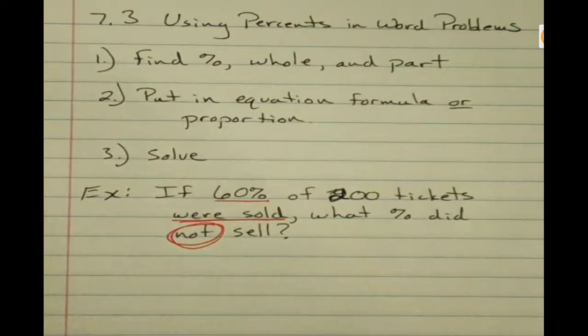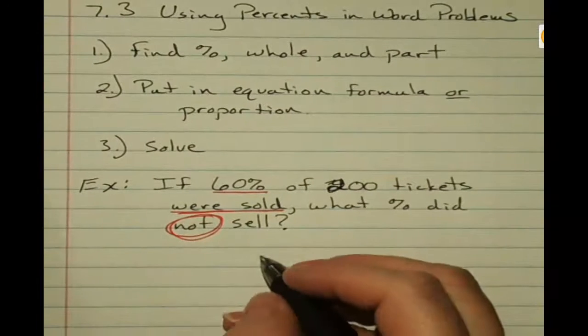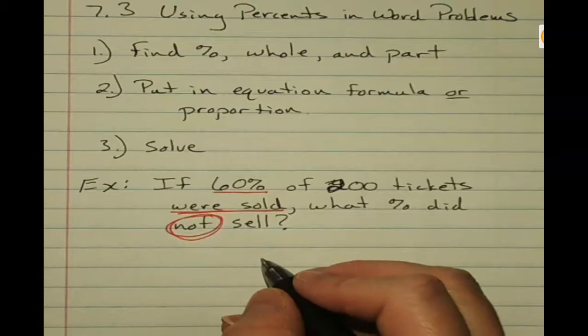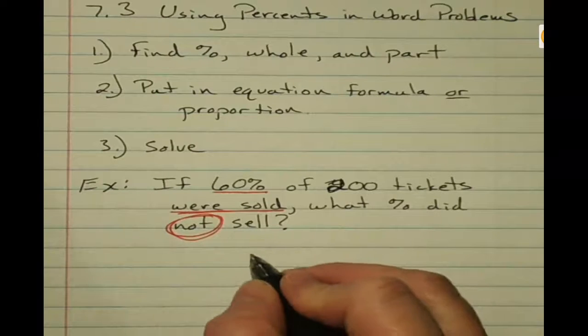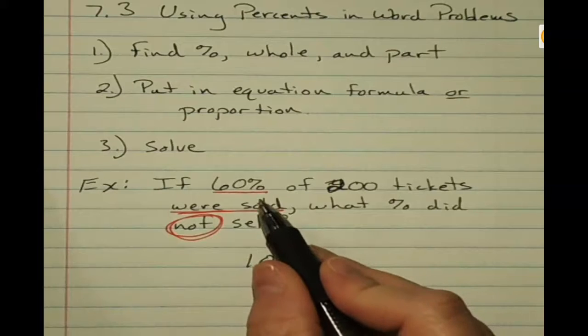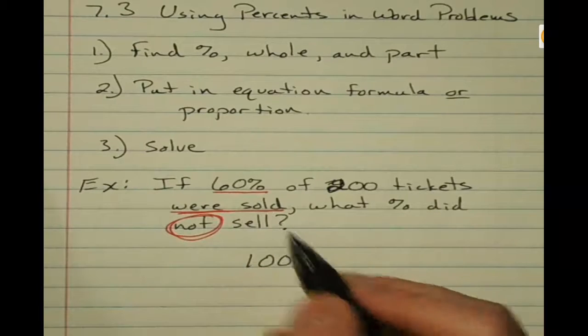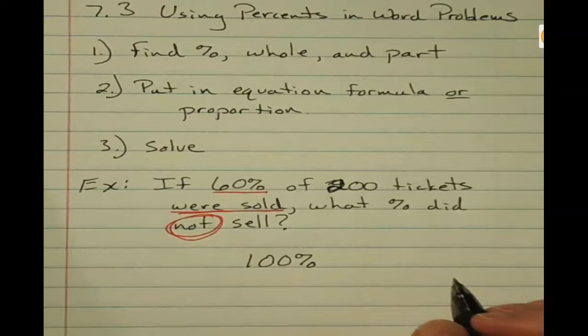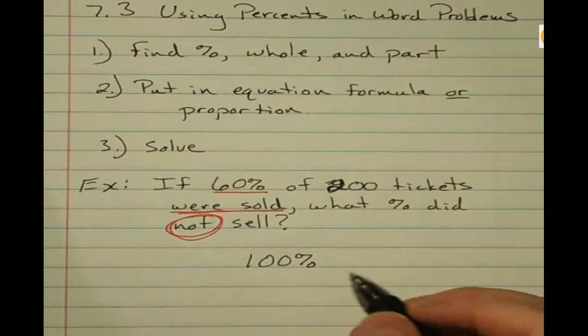You're overthinking this one. What's the total percent? What number do we always use? 100%. So if there's 100% and 60% sold, how many did not sell? 40. Yes!